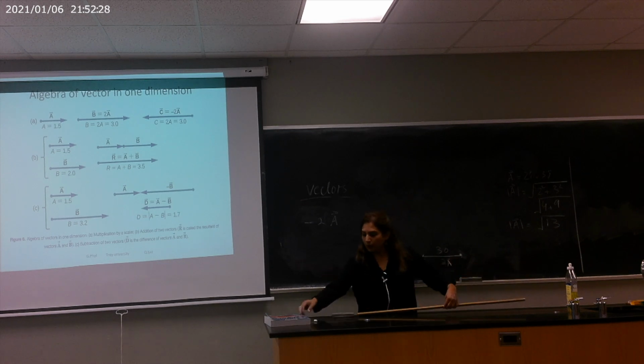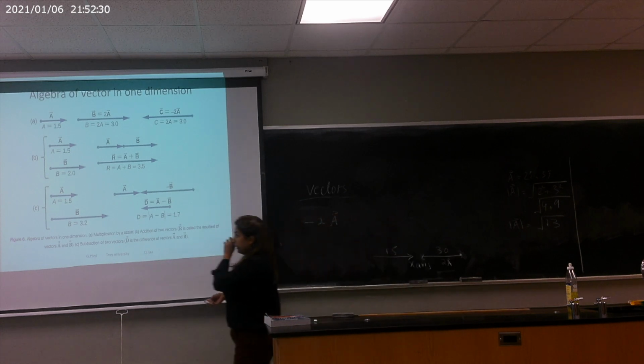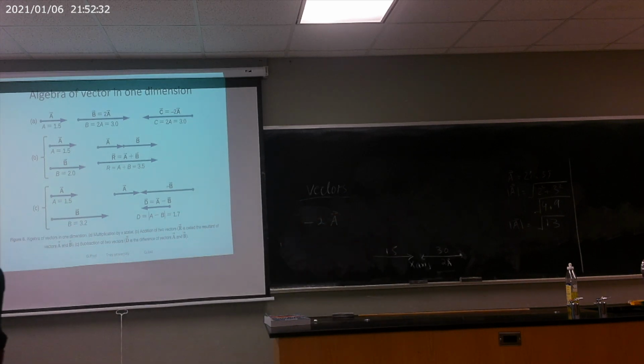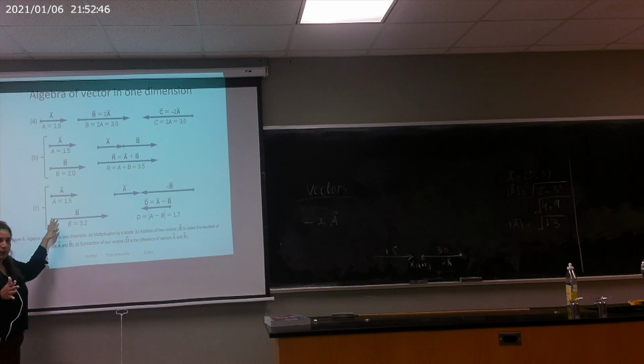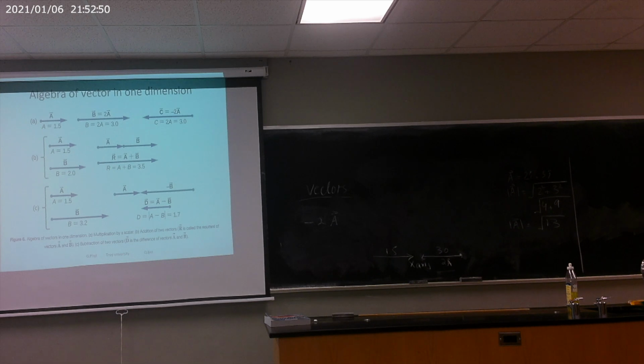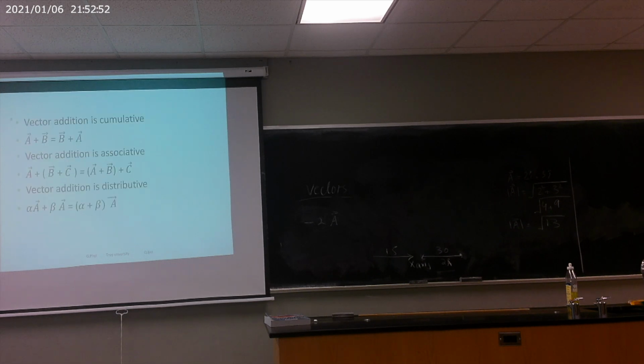So when they are in opposite directions, or when you are subtracting two vectors, they are going to be subtracted. But remember that method. Addition is quite simple. Subtraction could be a bit tricky because you have to take a negative of the vector which is being subtracted.